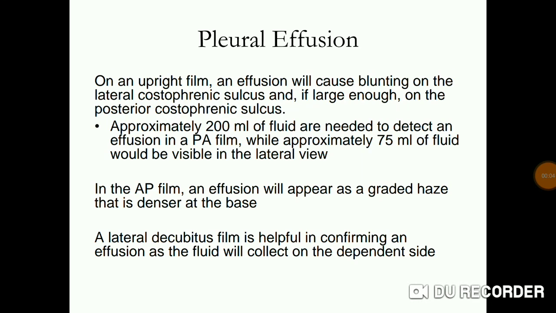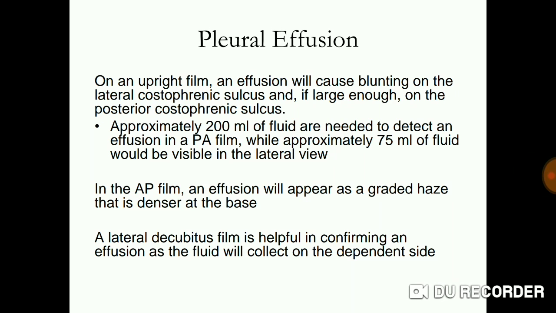On an upright film, an effusion will cause blunting of the lateral costophrenic sulcus, and if large enough, the posterior costophrenic sulcus. Approximately 200 milliliters of fluid are needed to detect an effusion in a posterior anterior film, while approximately 75 milliliters of fluid would be visible in the lateral view.